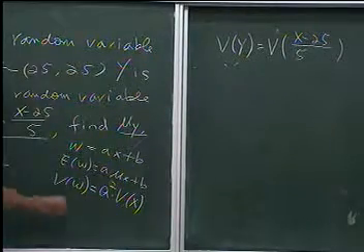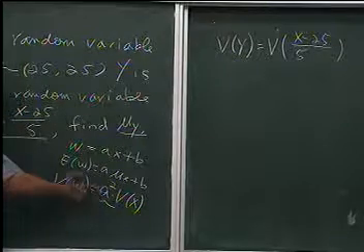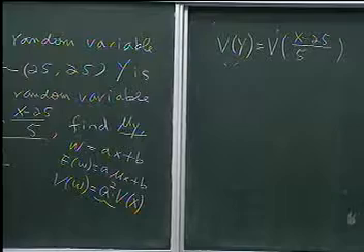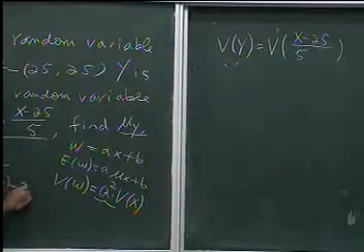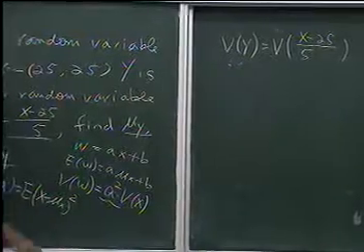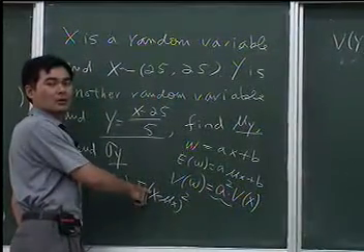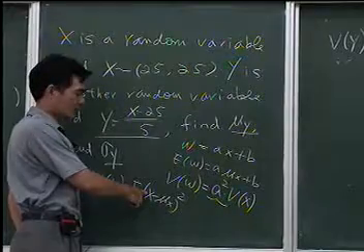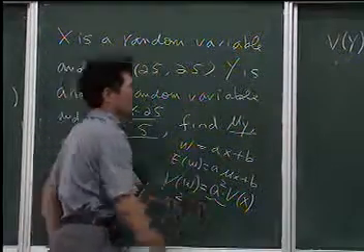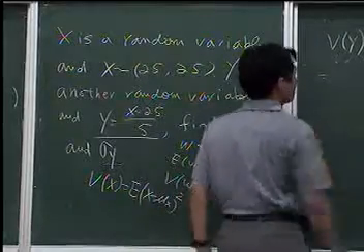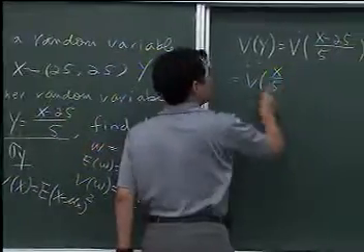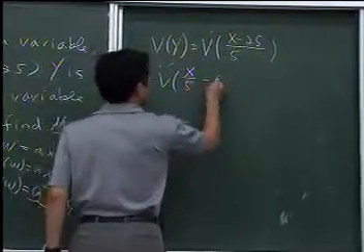Okay? So this is the relationship. Remember, variance of x is equal to expectation of (x minus mu x) squared. So when there is a coefficient and a constant here, when you move the coefficient out, you get a square. So in this case, we have variance of x over 5 minus 5.